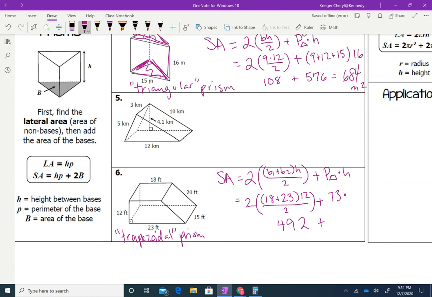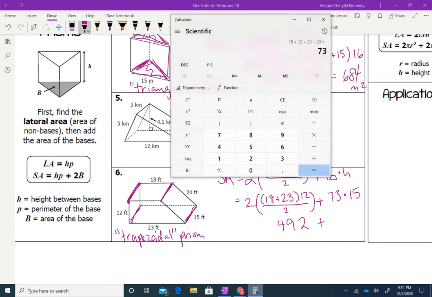If this is the top corner of my trapezoid, I'm connecting the two top corners, the one that's facing me and the one behind that I can't see, right? So my height of my prism is, hopefully you can tell, 15. So 73 times 15 is 1095.